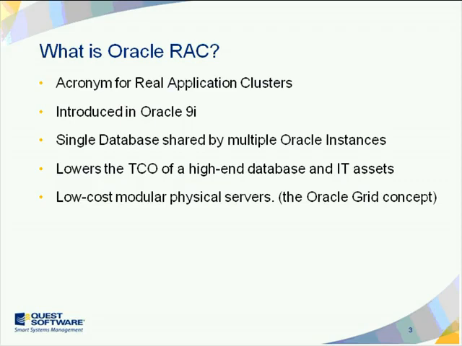And there are several advantages of this configuration. One of the main ones is it lowers the total cost of ownership of a high-end application and all the associated assets, because instead of having your database application running on a really high-end expensive server, you can distribute the resources across a lot of low-cost modular servers and bring the cost of ownership down, and the cost of administering those systems down.